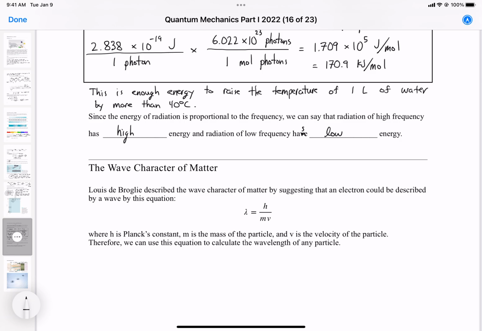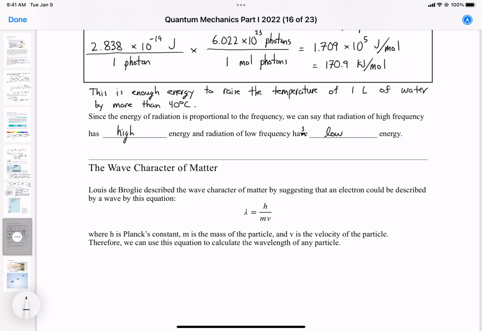We'll actually go over some examples, but larger objects tend to have larger or longer wavelengths, and that suggests that if it has a larger wavelength, it tends not to behave much like a wave, because remember, the longer the wavelength is, the slower it moves as a wave.